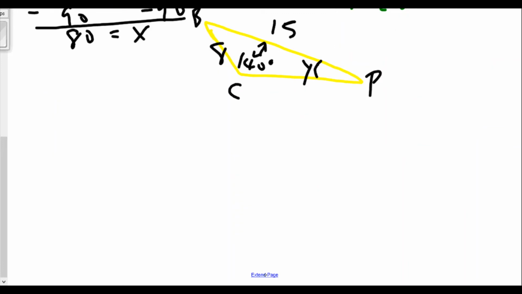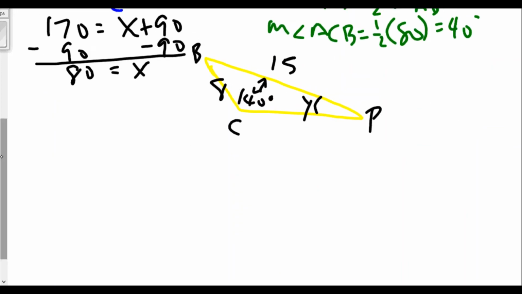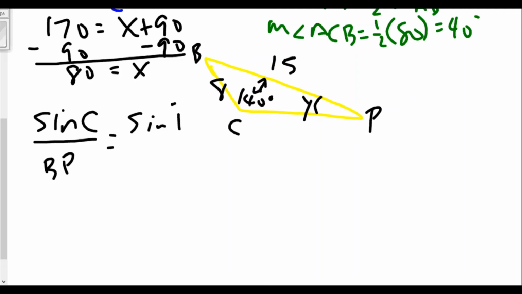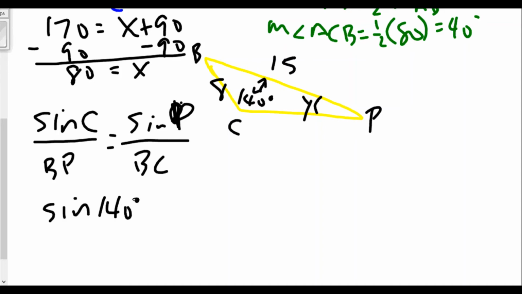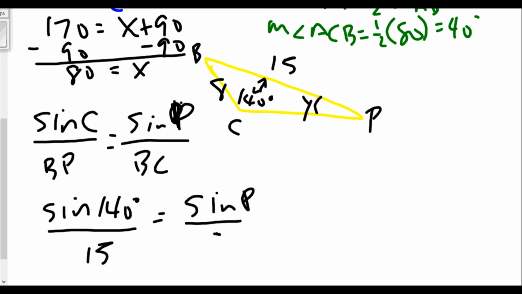So, setting up our law of sines here, it would be the sine of angle C over BP, the side opposite, equals the sine of angle P over BC, the side opposite. Sorry, handwriting's a little bad. Apologize for that. So let's fill this in. We have the sine of 140 degrees over 15 is equal to the sine of angle P, we'll call Y later on, over 8.